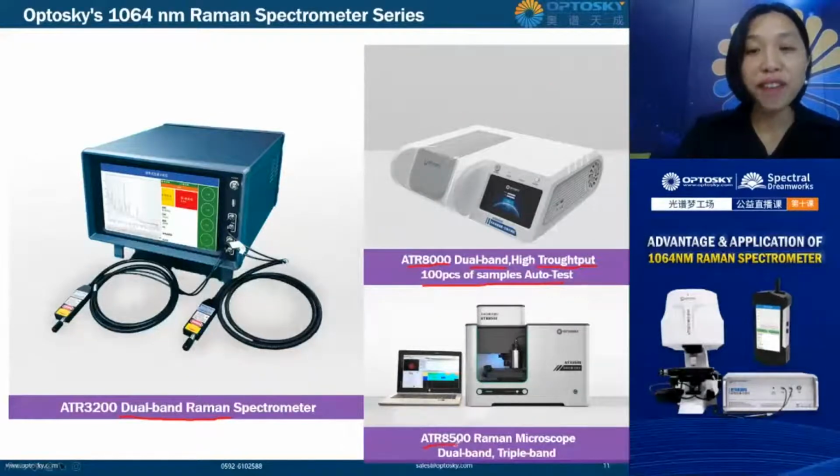And we also have the newly launched ATR 8500 Raman microscope. It can employ dual band and three band, and it has free space technology, and its efficiency has greatly improved. It's one of the highest performance Raman microscopes till now.